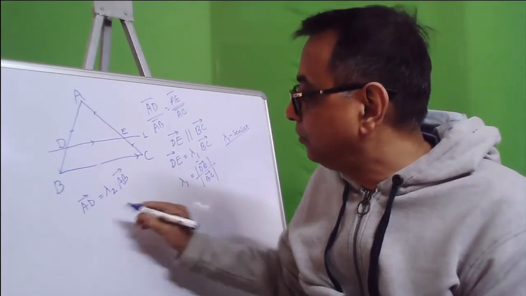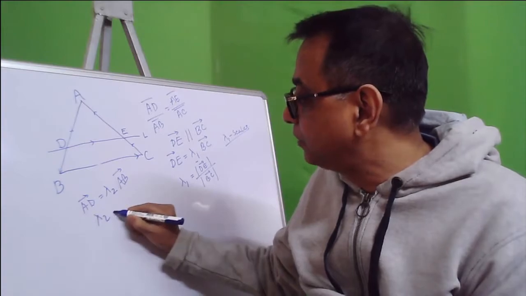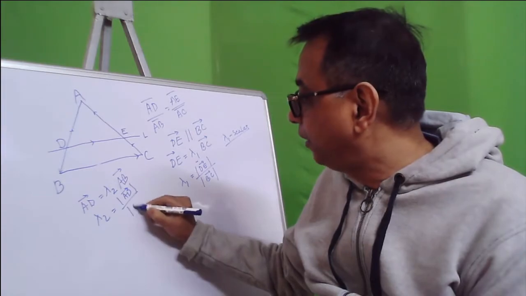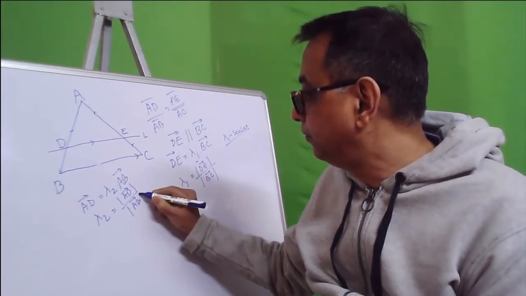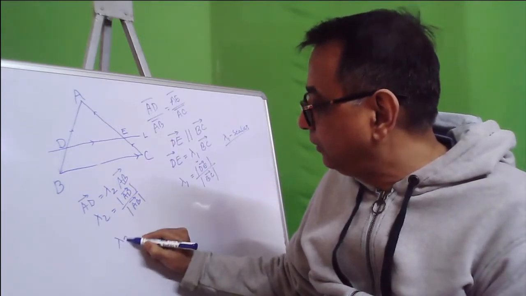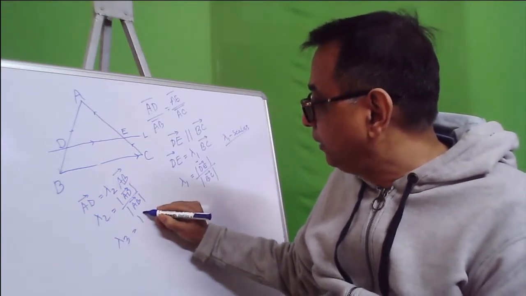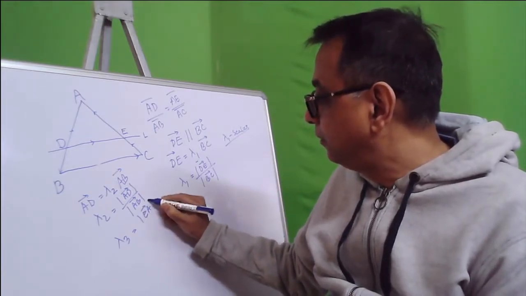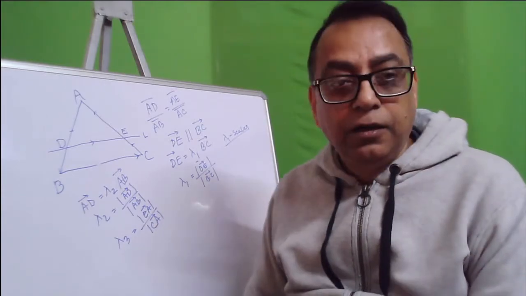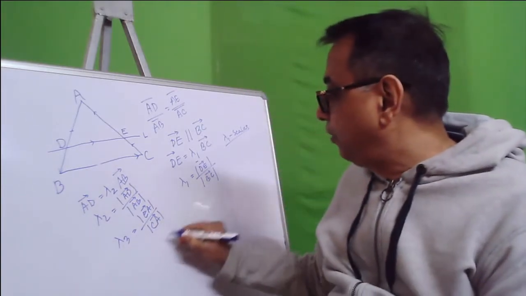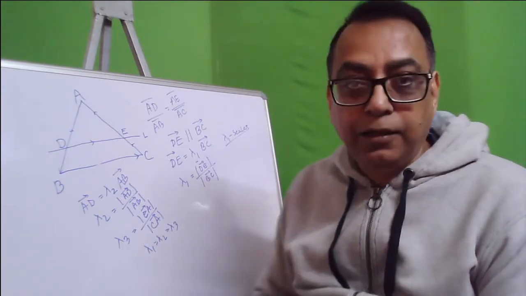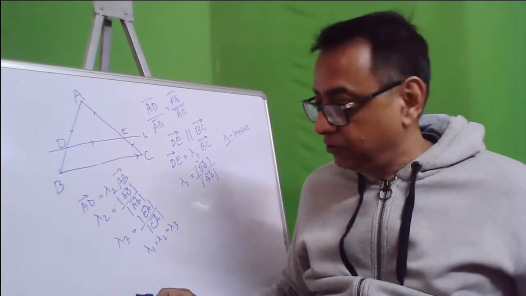So it is lambda 2 AB, and lambda 2 becomes mod of AD by mod of AB. Similarly, we can put lambda 3 equal to mod of EA by mod of CA. Now, if we can prove lambda 1 is equal to lambda 2 is equal to lambda 3, then our job is complete. So let us do that.